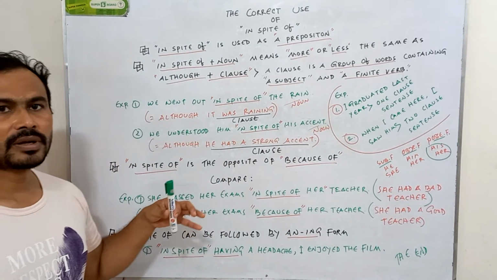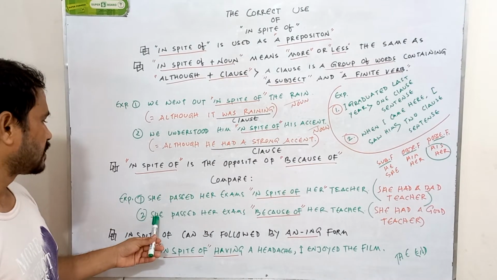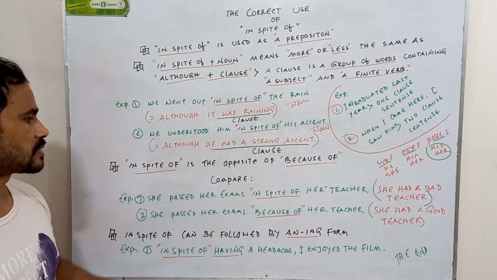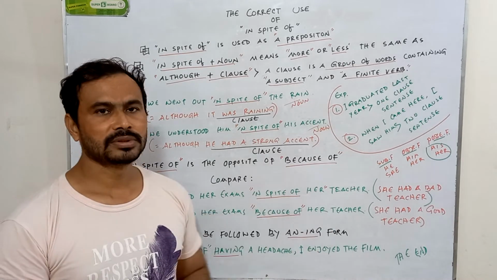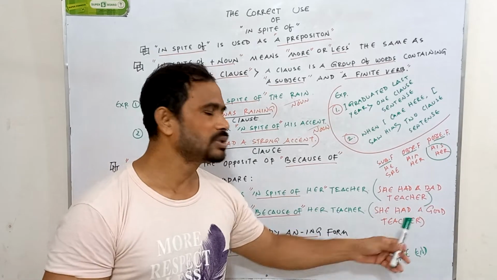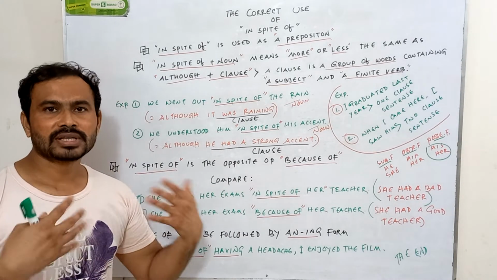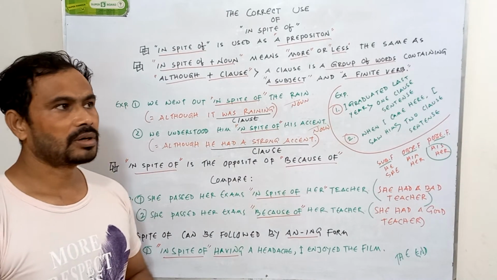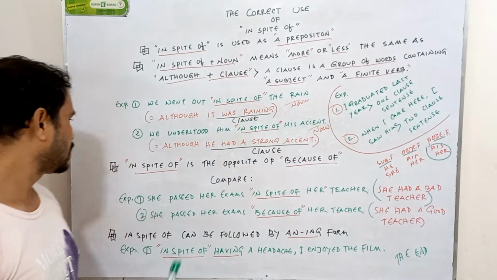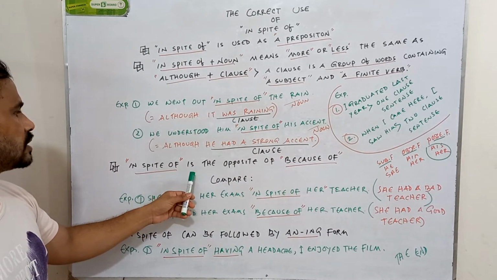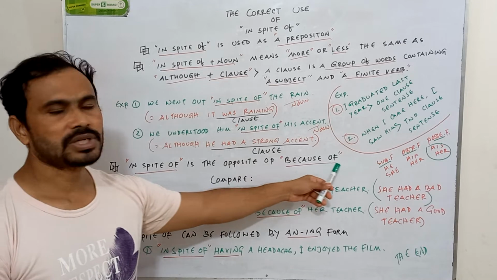My next example sentence is: She passed her exams because of her teacher. It means she had a good teacher. So friends, I think you understood clearly what I am trying to say: in spite of is the opposite of because of.